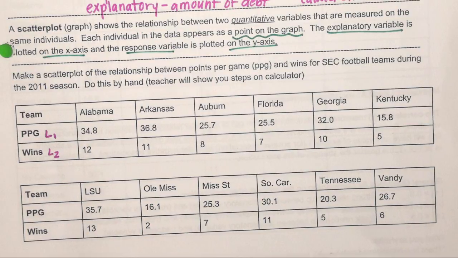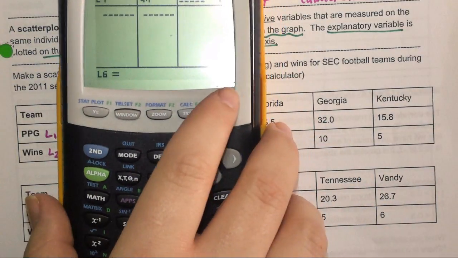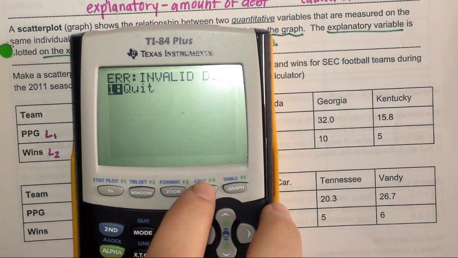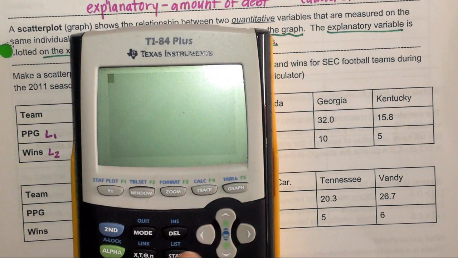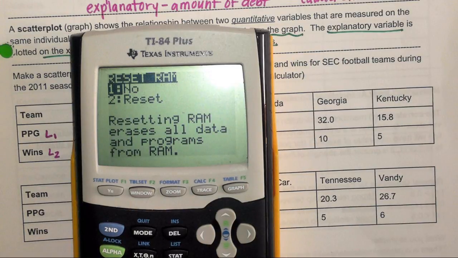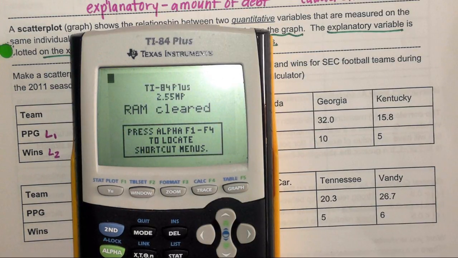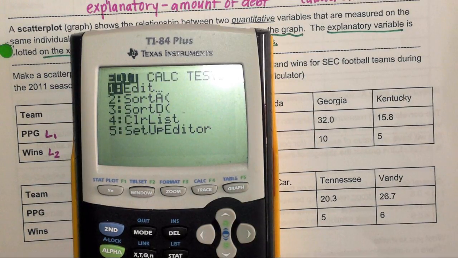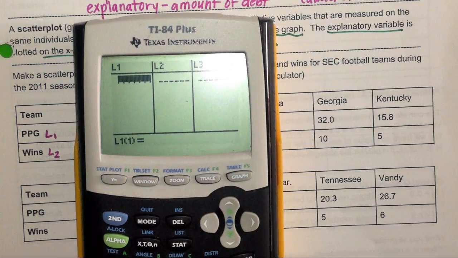But seriously, if you press delete at the top, then suddenly that list is gone entirely. Like, goodbye list. Okay, if that happens, it's easy to fix. You go to second memory, and you can reset the calculator and just completely reset it. It might change some of your other settings, but you'll be happy to see L1 and L2 again. And they'll be clear.